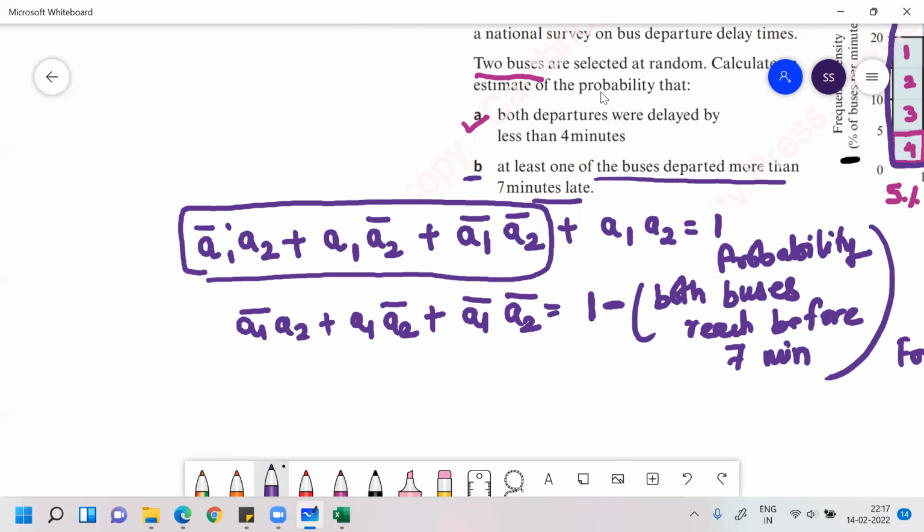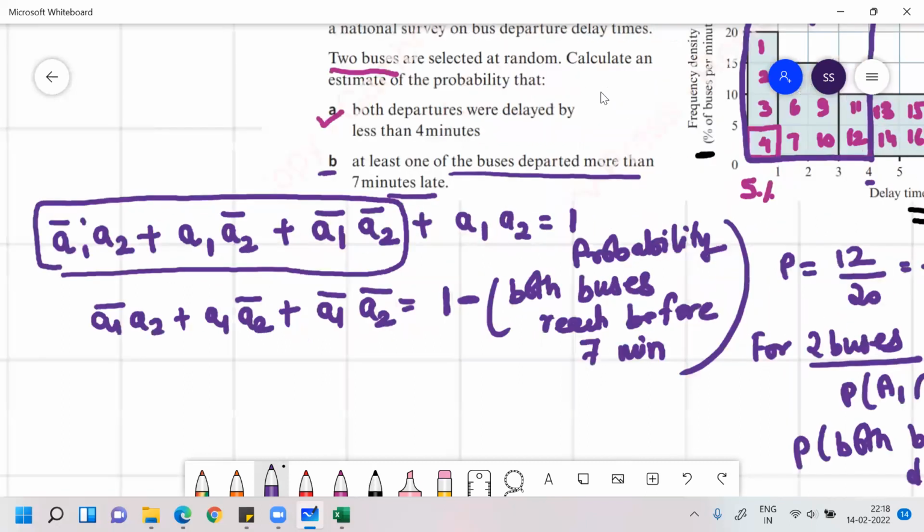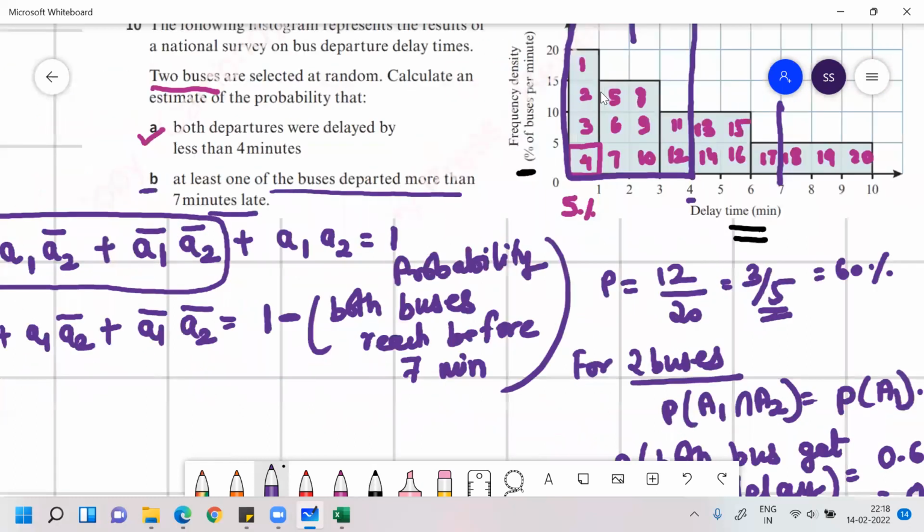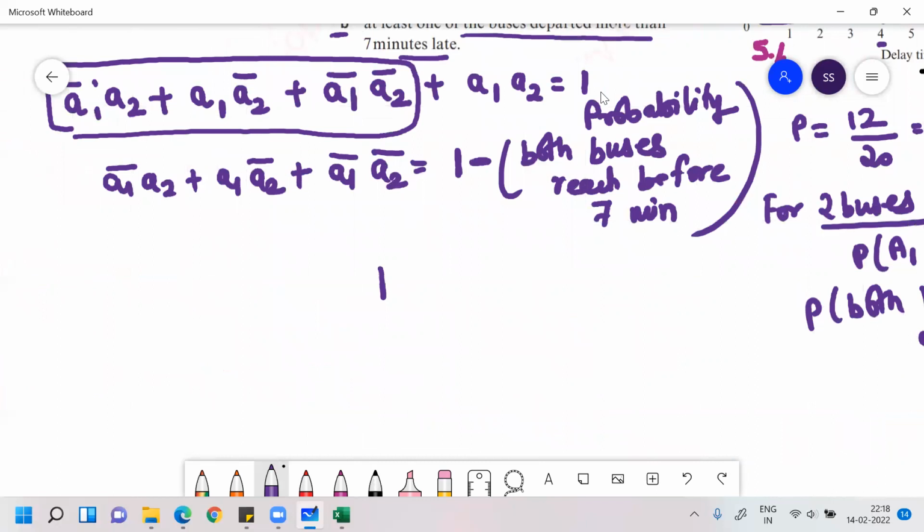You can again understand these are independent events. Exercise 4C is all about problems related to independent events only. For this case, before 7 minutes means you can count 17 rectangles out of 20 rectangles, so the probability is 17 by 20. Again, they are independent events, so when events are independent, you simply need to multiply them.